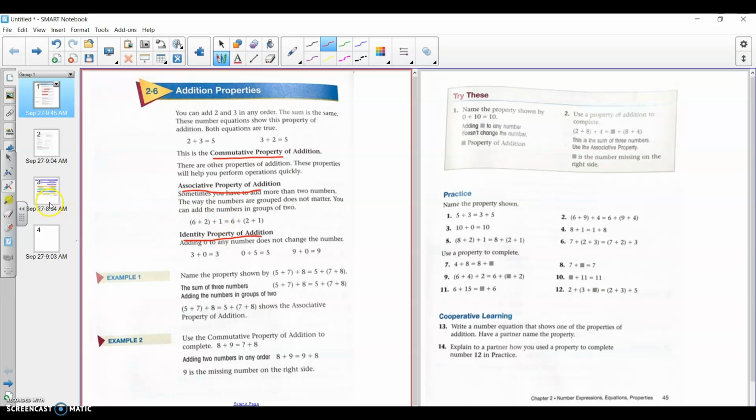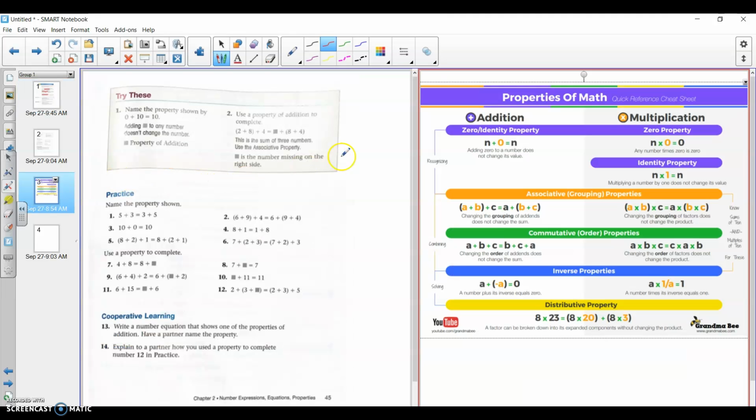Those three properties is exactly what we're going to focus on today. So we are looking at the addition property. If you look at this really quick, we're going to just split this down in half, okay? And we're only looking at addition today.